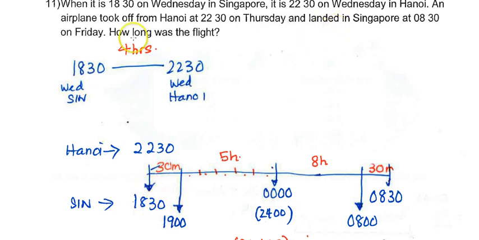And the question is, how long was the flight when it flew from Hanoi and landed in Singapore? Take a look here. The starting flight is 18:30. It goes on all the way, let me take a look here. Okay, it landed in Singapore at 8:30 over here.